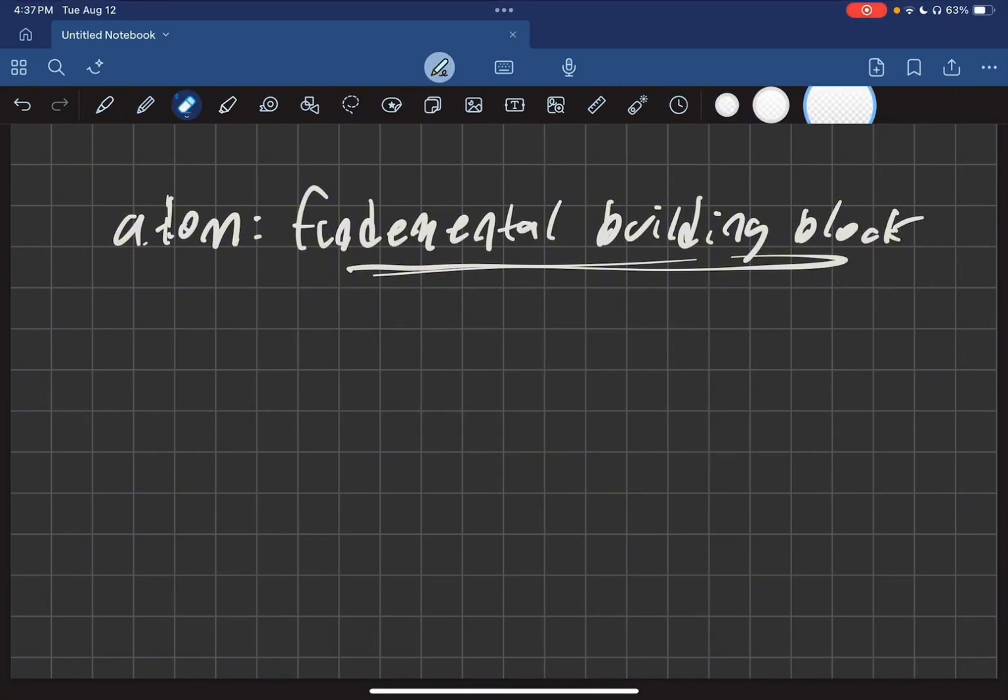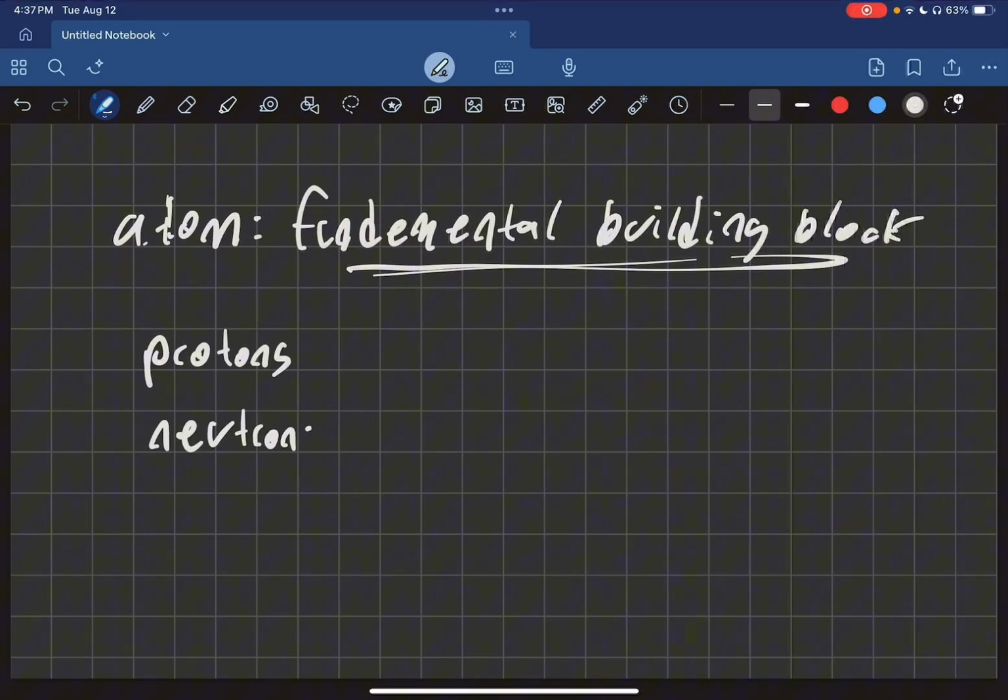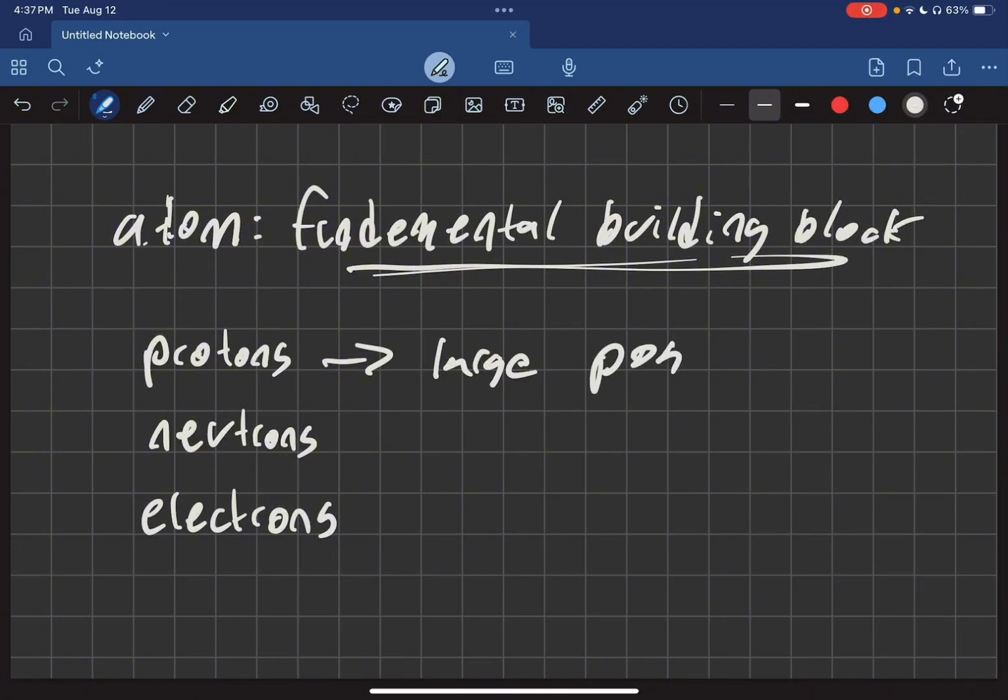So, what are atoms made out of? Atoms themselves are made of smaller things. They are made of protons, neutrons, and electrons. The protons are large, positively charged, and they reside in the nucleus in the middle.